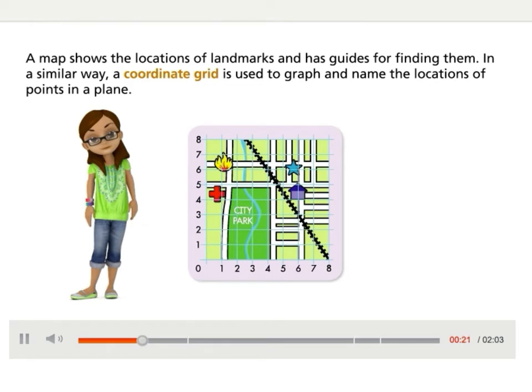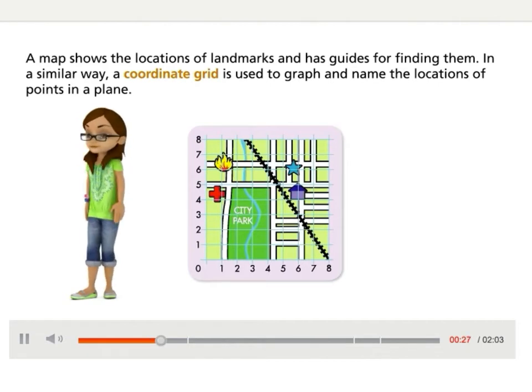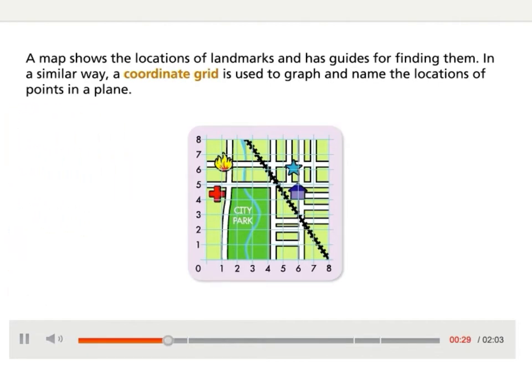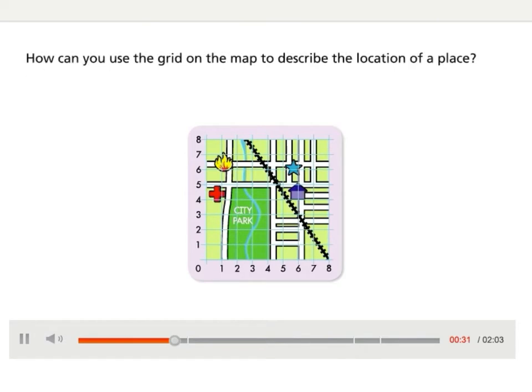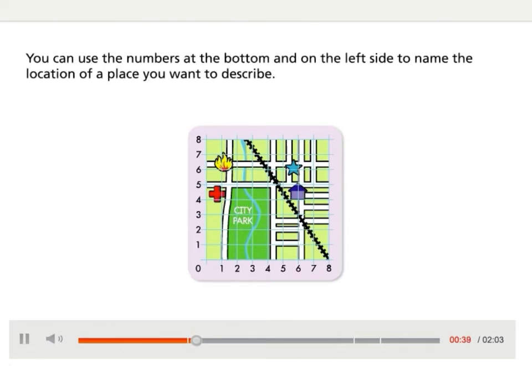In a similar way, a coordinate grid is used to graph and name the locations of points in a plane. How can you use the grid on the map to describe the location of a place? You can use the numbers at the bottom and on the left side to name the location of a place you want to describe.